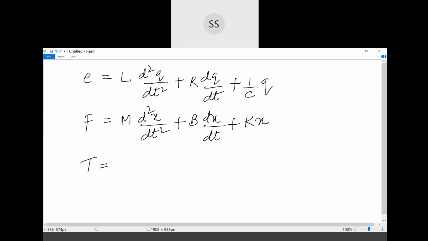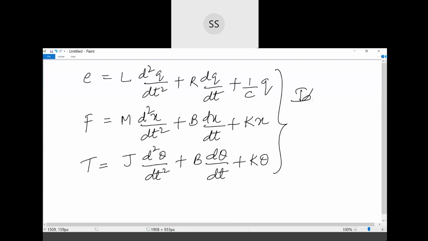Similarly, for the rotational system, we have written a torque equation T equal to J d²θ/dt² plus b dθ/dt plus k θ. Now by comparing these three equations, they look similar. They are in identical form.